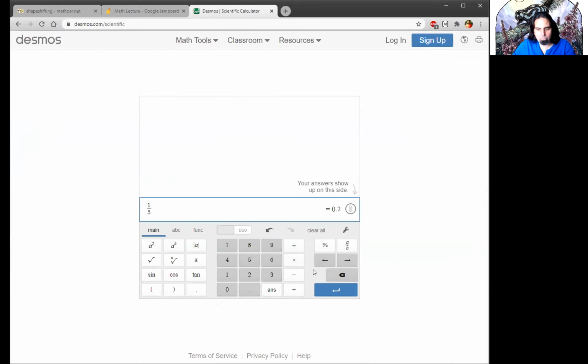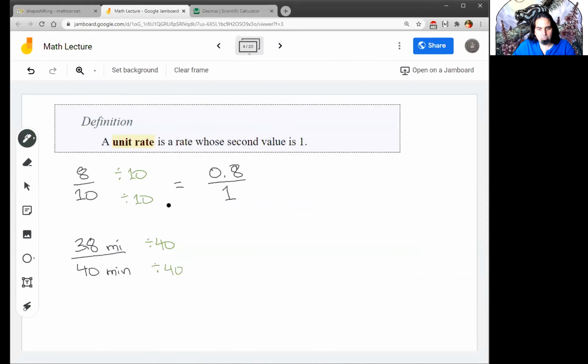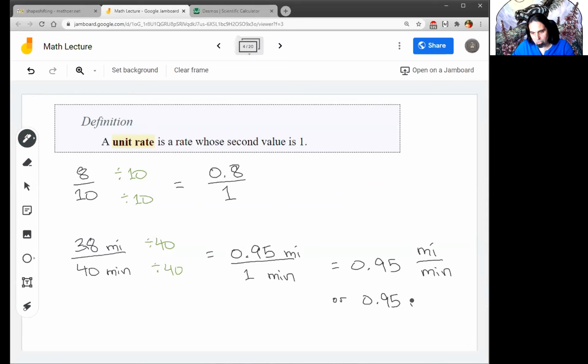What is 38 divided by 40? So 0.95. This one I might write as 0.95 miles per minute. Or 0.95, I could use the word per.